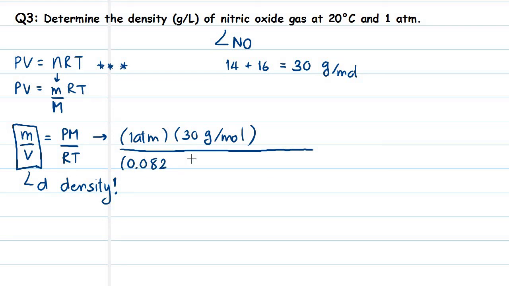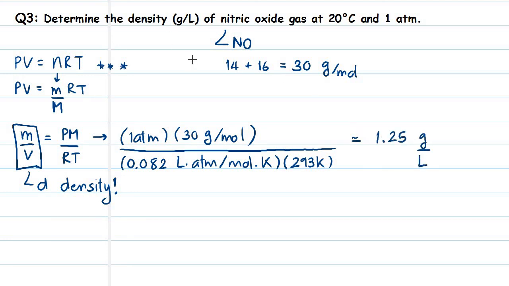0.082 liter atm per mole Kelvin, and T is 293 Kelvin. Okay, so you should be able to get 1.25 gram per liter here, and just make sure that the unit is actually correct.